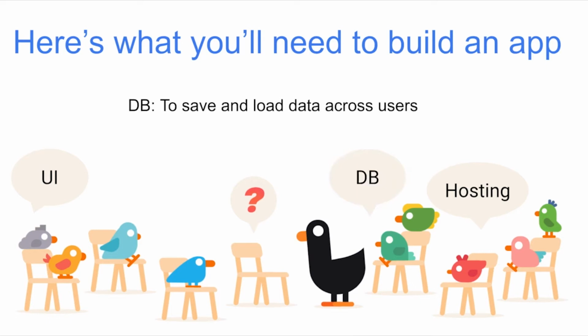Besides that, let's take a look at the database. A database is needed in order for you to share data across multiple users, and your user interface may require APIs to communicate.